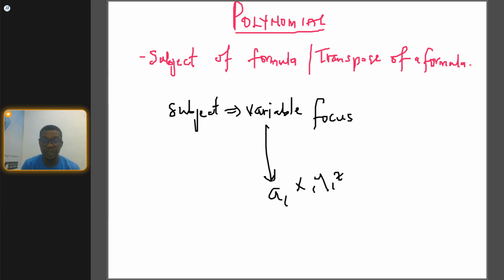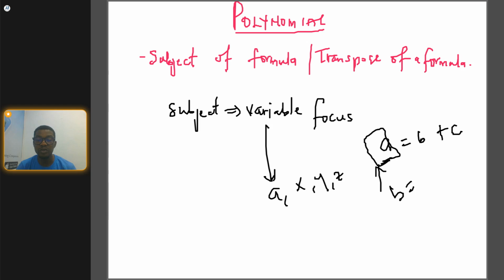If I have an expression in this form, A equals B plus C, the variable of focus is A, because A is the subject of the formula. If I change it to B equals, probably, C minus A, what is going to be the variable of focus here?